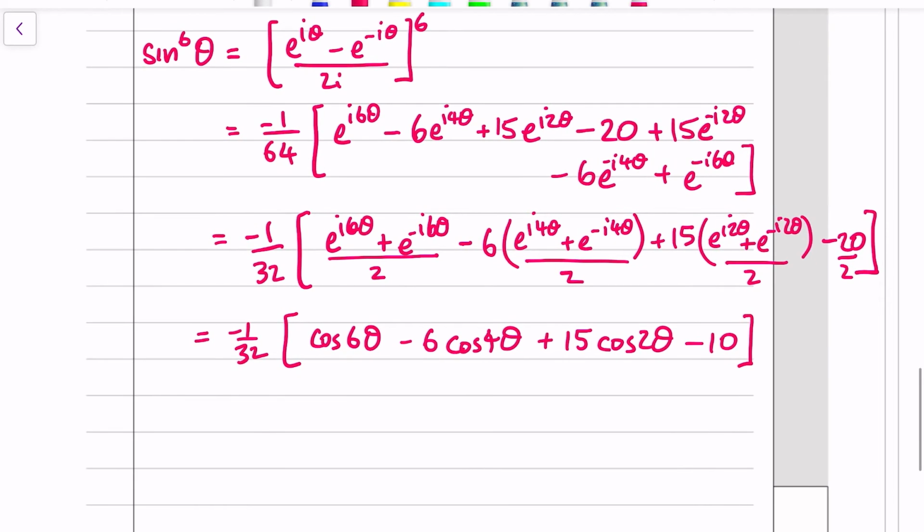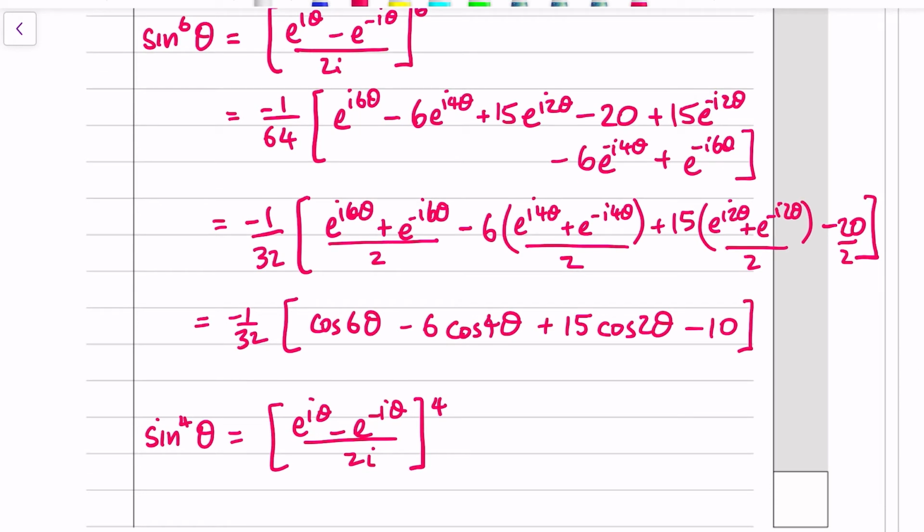I need a similar one for sine to the 4 theta. This is definitely one of the harder questions in this exam. 2i to the 4 is just 16. So we've got 1 over 16. We've got the first term to the power of 4.